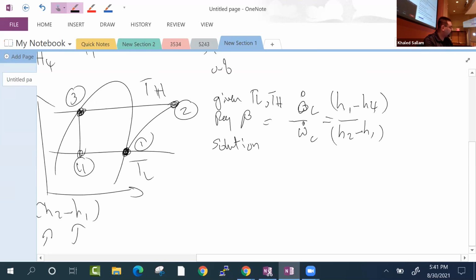But in real life, the one will be a little bit to the left or to the right, a little bit wet or a little bit superheated, a little bit superheated to protect your compressor, right? And the same thing for the condenser. The condenser in real life will be a little bit what? When the liquid is on the other side of the saturated line, what did we call it? Subcooled liquid, or is there another name for it?